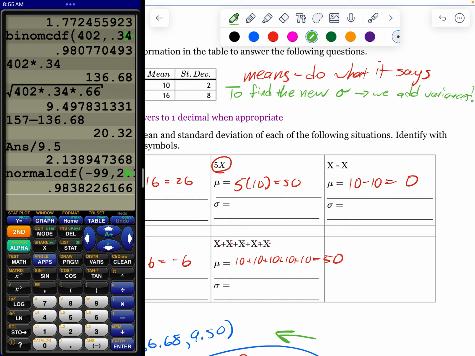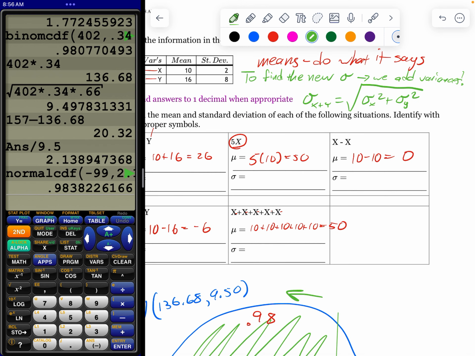The formula is this: the new standard deviation of x plus y, of the two data sets added together, is the square root of the variances added up, right? This and this are called the variances, okay?